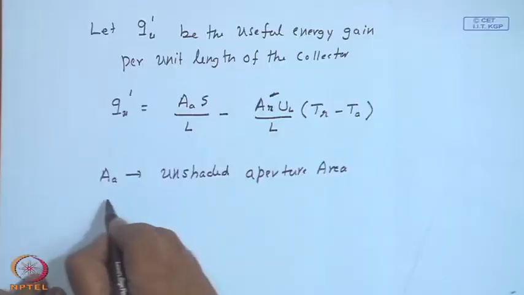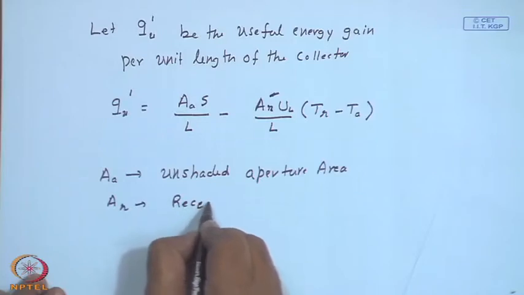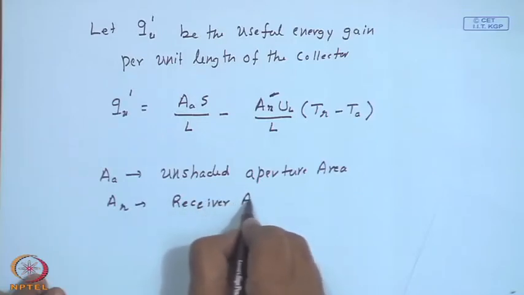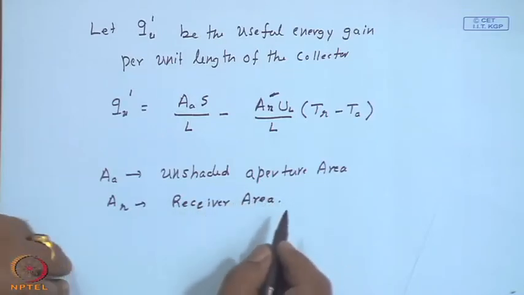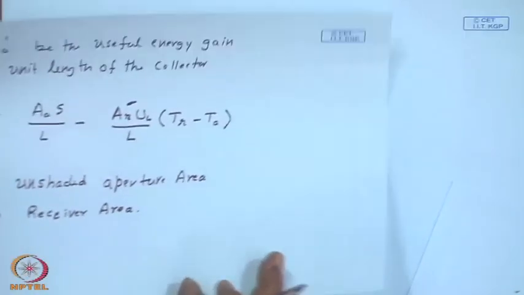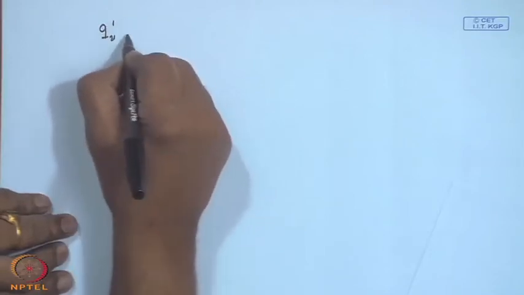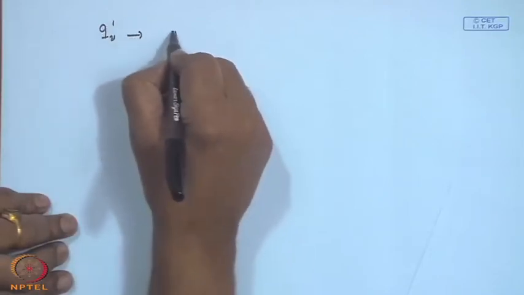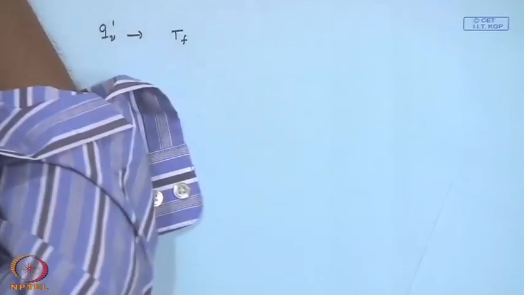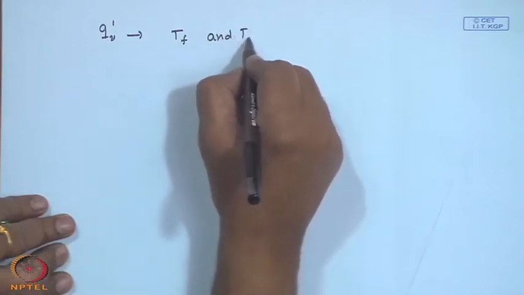AR is the receiver area, okay. It is just like the energy balance we have done, and q u dashed can be written in terms of the local fluid temperature T f and T r.